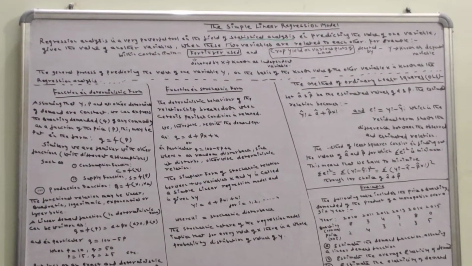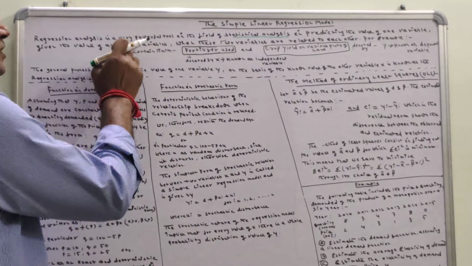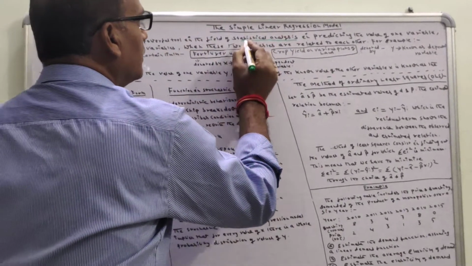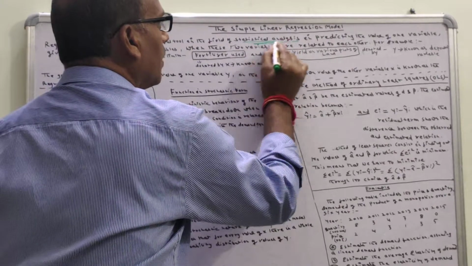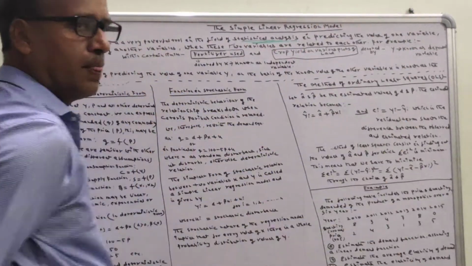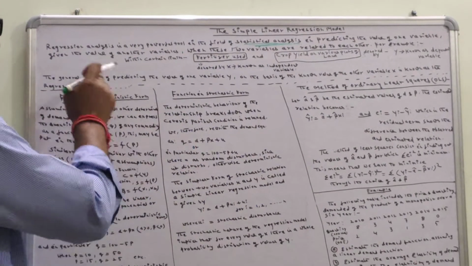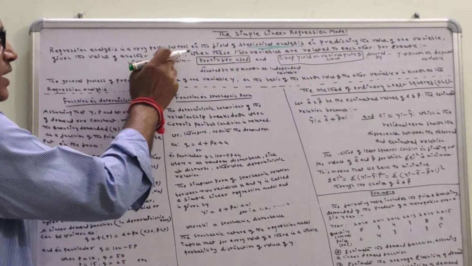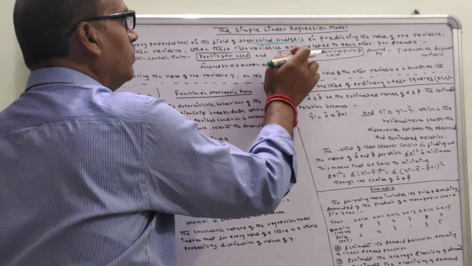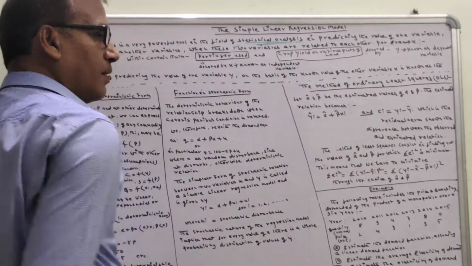We know that regression analysis is a powerful tool in the field of statistical analysis in predicting the value of one variable given the value of another variable, when these two variables are related to each other.